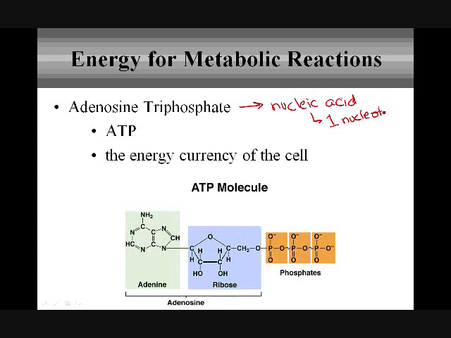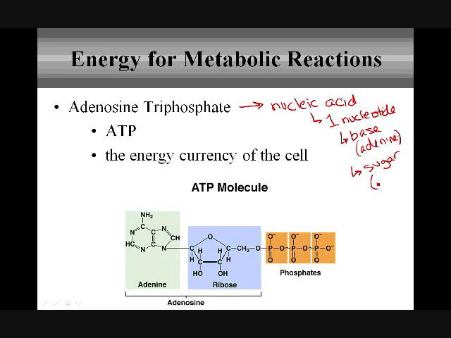It's not a chain of nucleotides, which is what we're typically used to with nucleic acids, DNA and RNA. But in this case, it's one nucleotide that stands alone, and that one nucleotide still contains a base, and that base is adenine. It still contains a sugar.